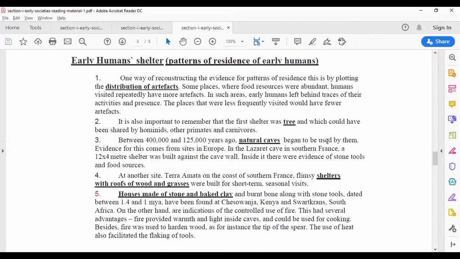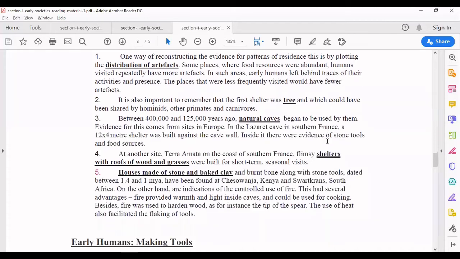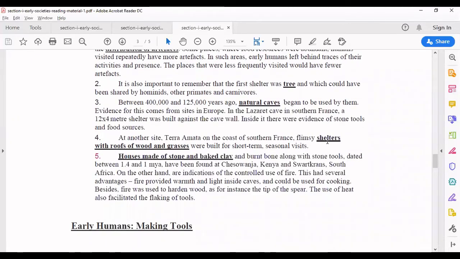Humans must have visited those places repeatedly, and so those places have more artifacts. So in these places, the humans have left behind traces of their activities and their presence. The places that were less frequently visited would have fewer artifacts.